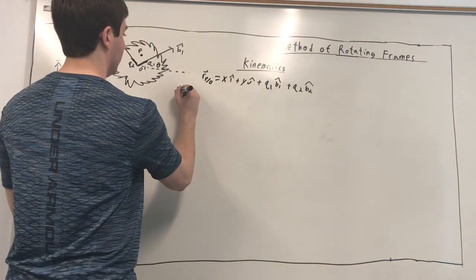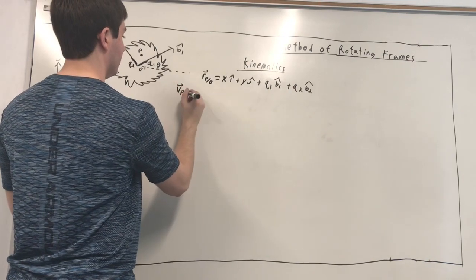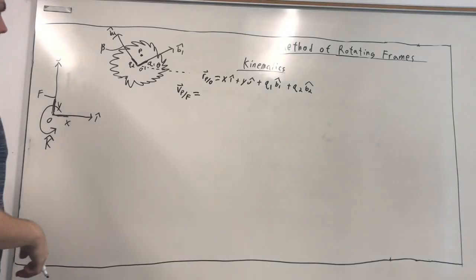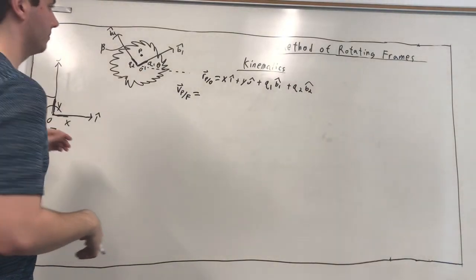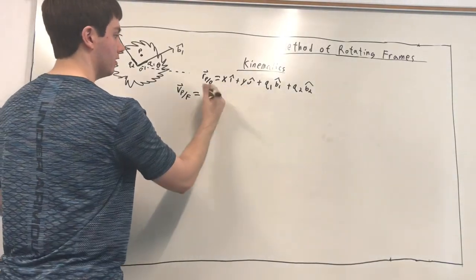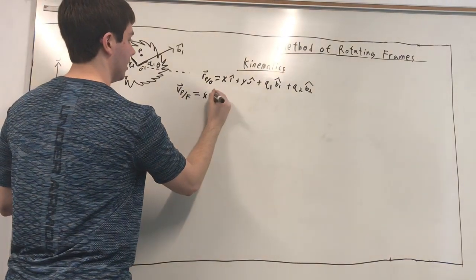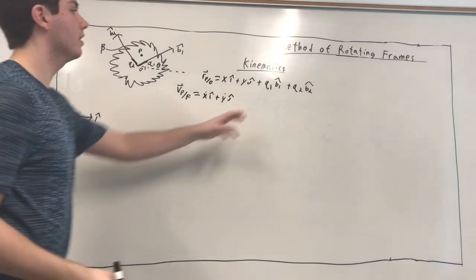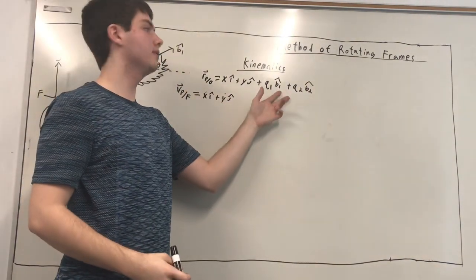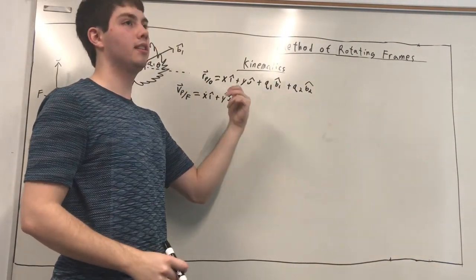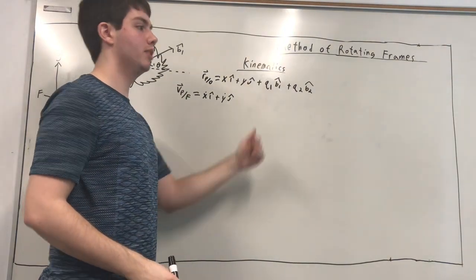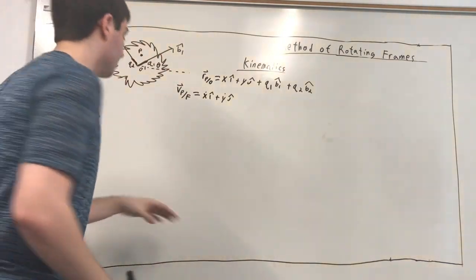So here you have V of P with respect to the fixed frame equals, I and J are not changing, so X dot I hat plus Y dot J hat. And now this is very similar to the previous video where I derived E hat R and E hat theta. So I'm not going to go into that derivation, but I will show what they equal.